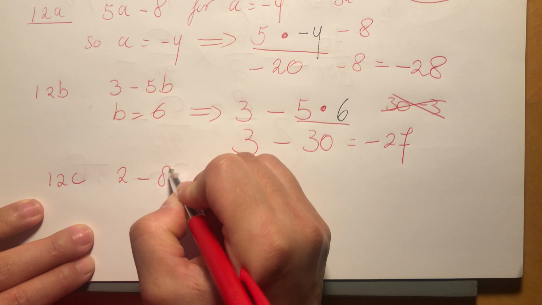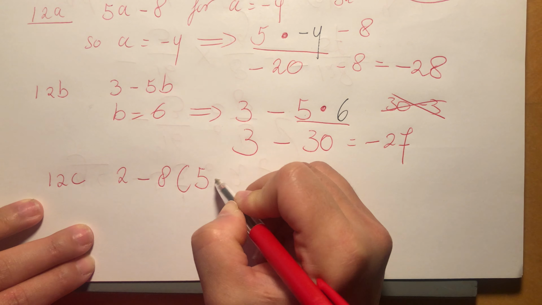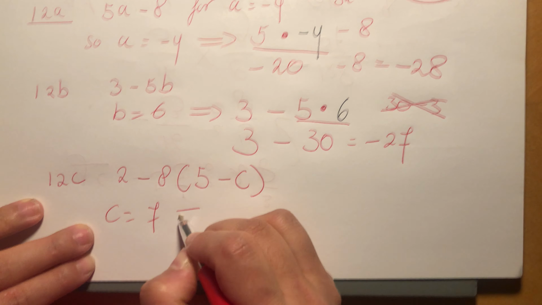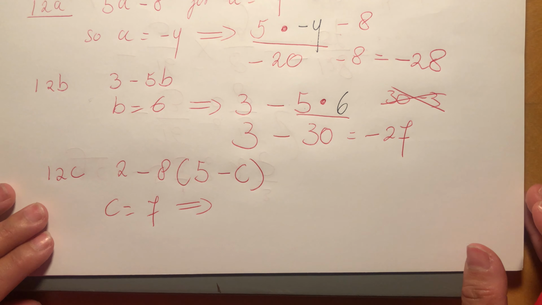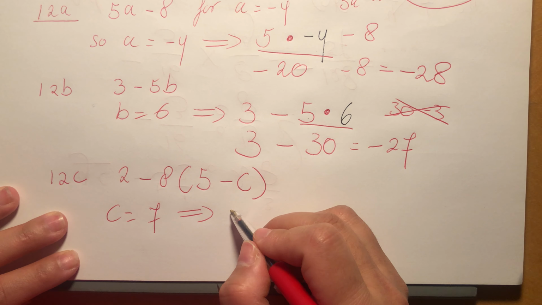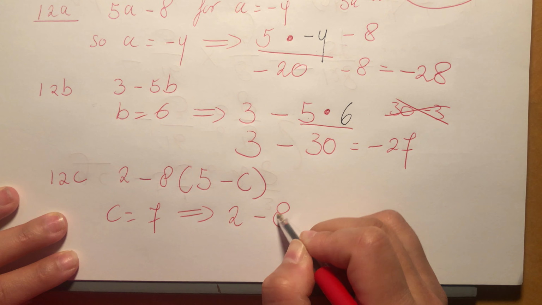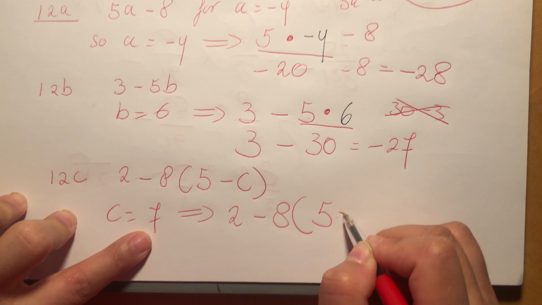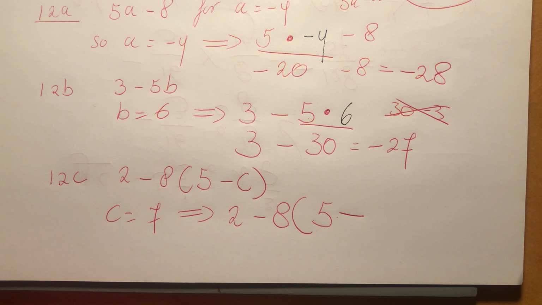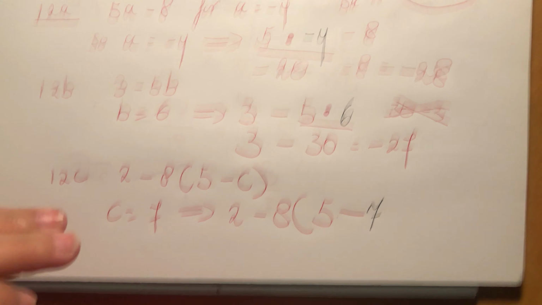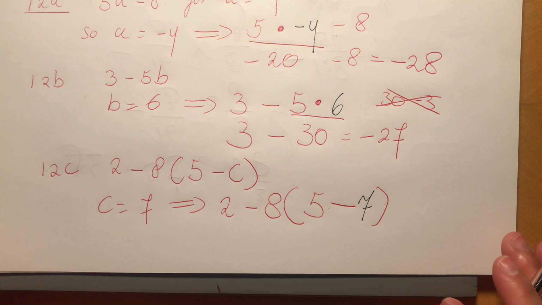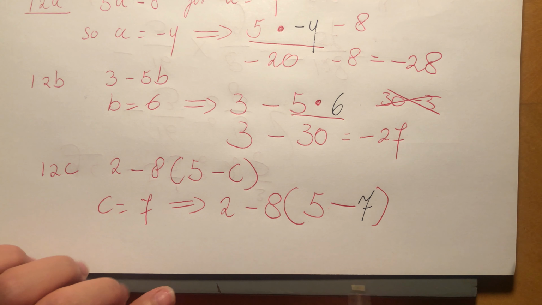2 minus 8 multiplied by 5 minus c. And we know c is 7 now. Let's see. Haha, pun not intended. So we get 2 minus 8, opening bracket, 5 minus c is now 7, closing bracket. All right, we got the brackets now. Let's just focus on that.